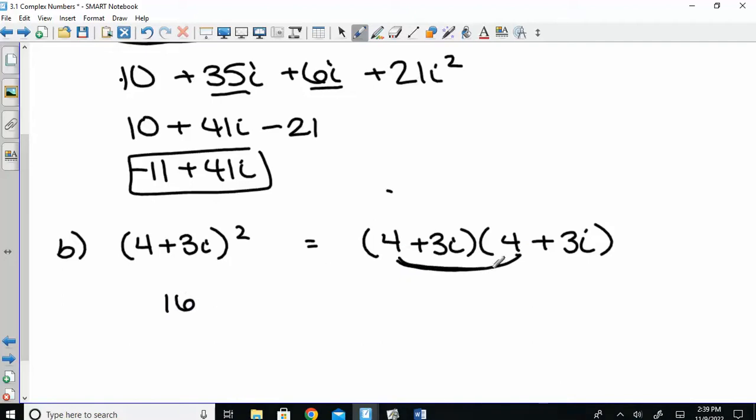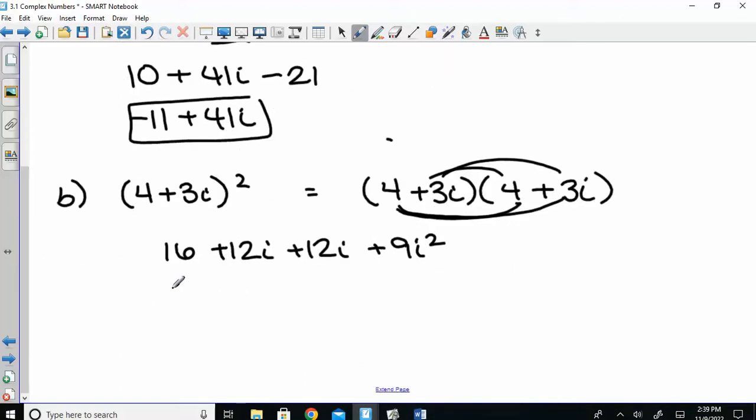So we get 16 plus 12i plus 12i plus 9i squared. Okay, 12i plus 12i is 24i. 9i squared is negative 9.